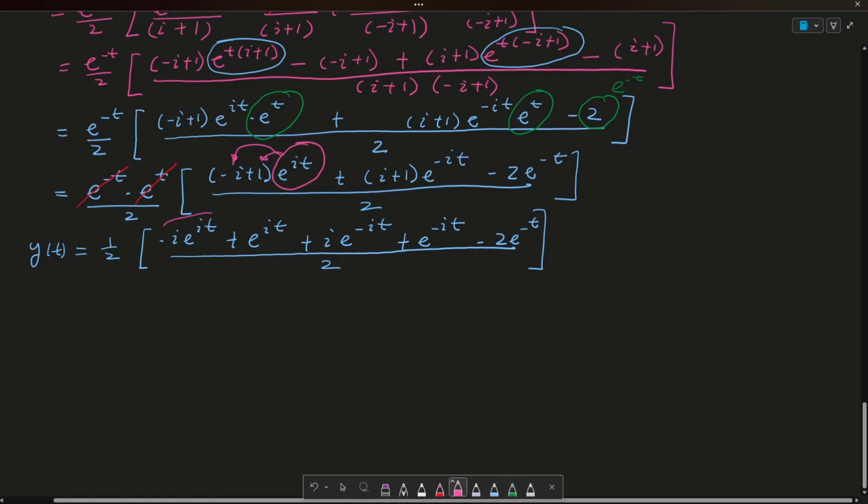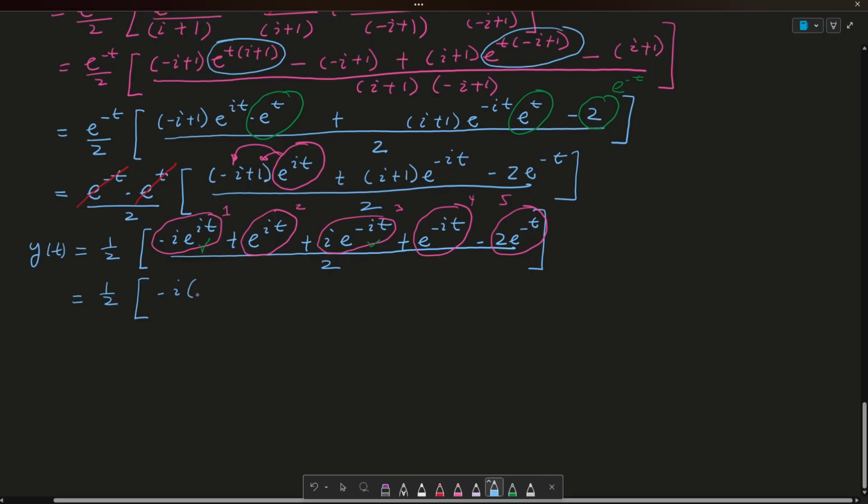Let me go ahead and say that this here is a term I call term 1. This here is a term I call term 2. This here is term 3. This here is term 4. And this here is term 5. So then y of t is equated to 1/2 times, from terms 1 and 3, I'm going to pull out a negative i value.